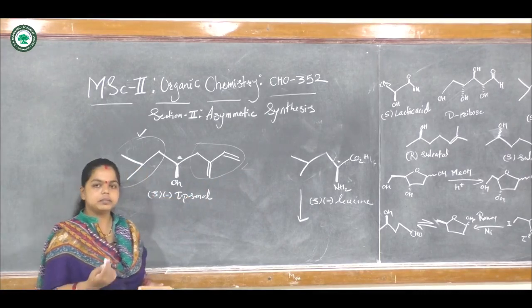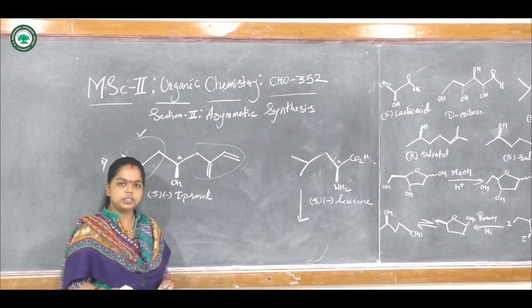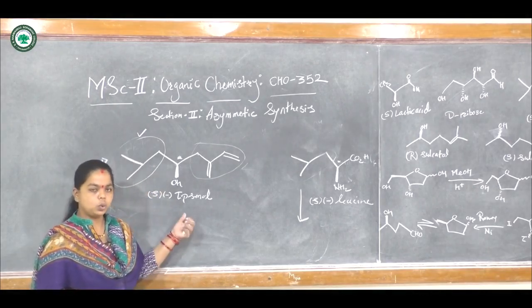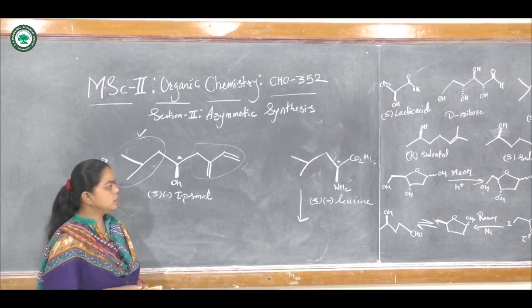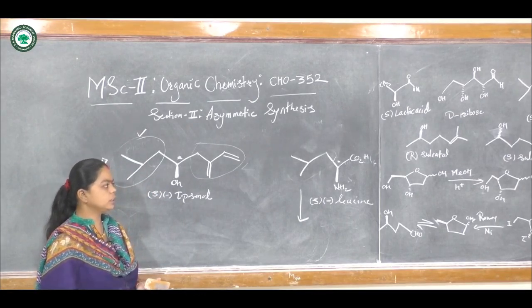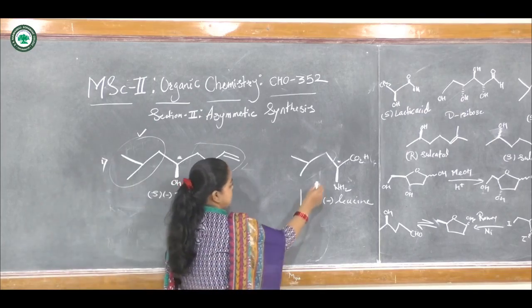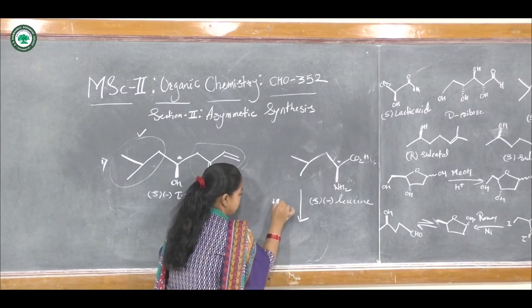That can be done by a diazotization reaction. We know that NH2 can be converted into N2+, which is a good leaving group, and which on hydrolysis gives the OH. That will give the required configuration, and further we can generate the corresponding OH group. So at first we have to carry out the diazotization reaction.